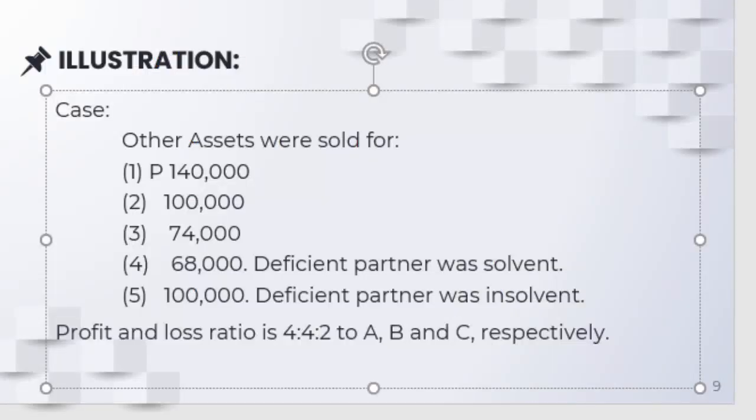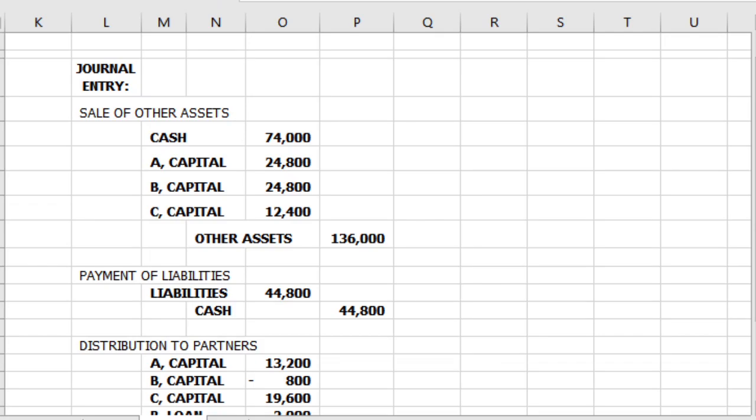Other assets were sold for 74,000 pesos. So now for our journal entry, again, sa sale of other assets, 74,000 yung nabenta natin. So debit tayo ng cash na 74. And then yung difference na ating cash and other assets, yun yung loss natin.